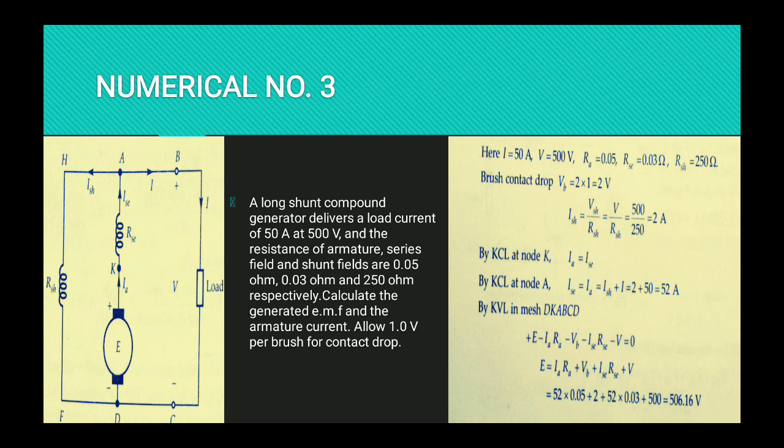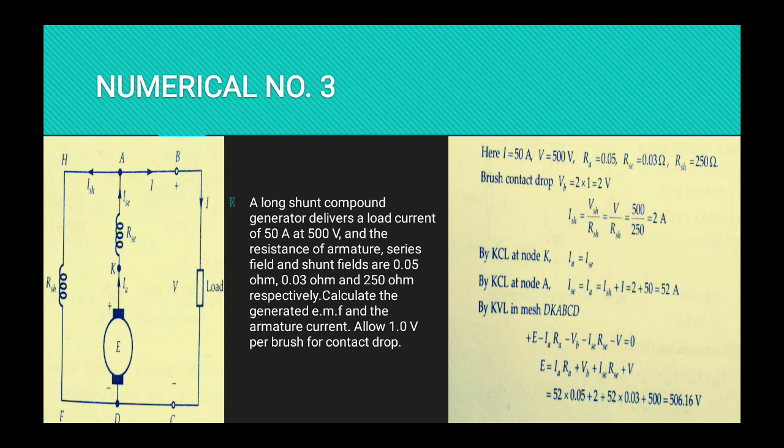The long shunt compound generator delivers a load current of 50 ampere at 500 volt, and the resistances of armature, series field and shunt field are respectively 0.05 ohm, 0.03 ohm and 250 ohm. Calculate the generated EMF and the armature current, and allow 1 volt per brush for contact drop.